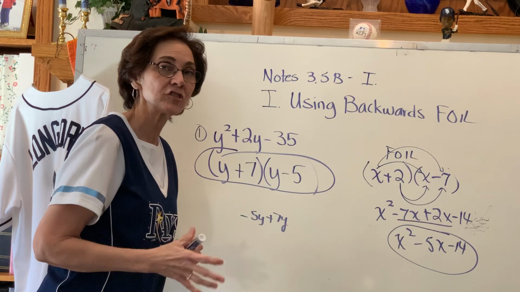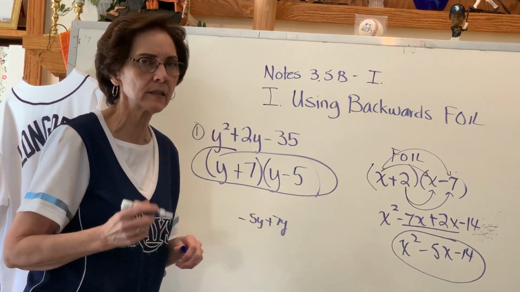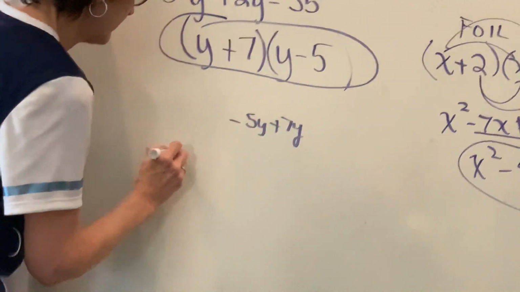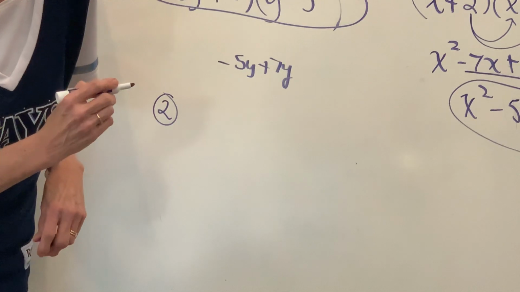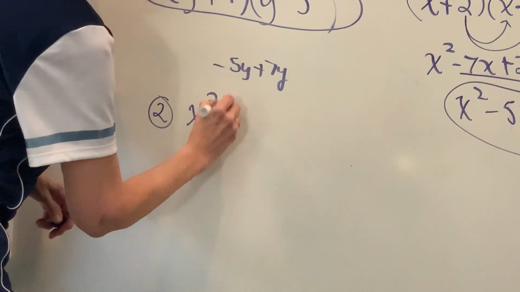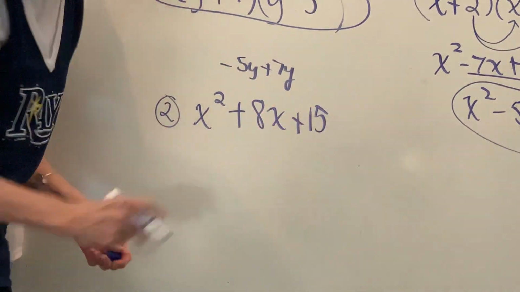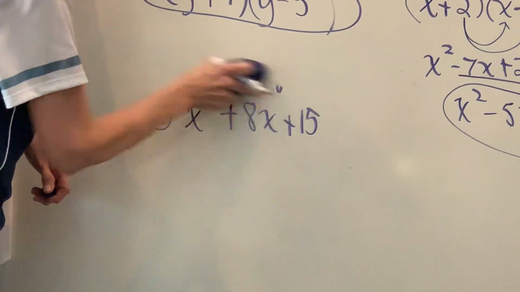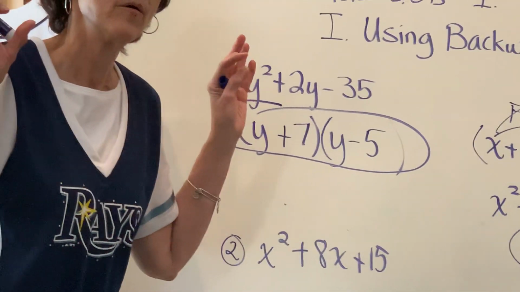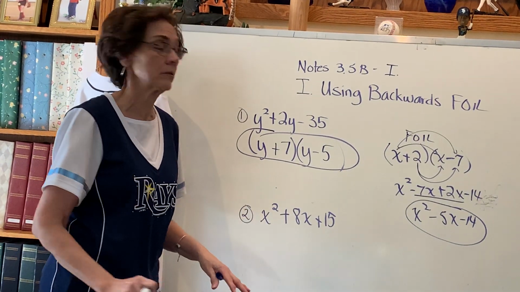All right, so let you think about that for a second. We're going to do several examples. It takes some practice to really get good at this. All right, number 2. X squared plus 8x plus 15. I'll just erase that, kind of get that out of the way. All right, so we're going to do the same thing. We're going to think about FOIL, but going in the opposite direction, backwards.